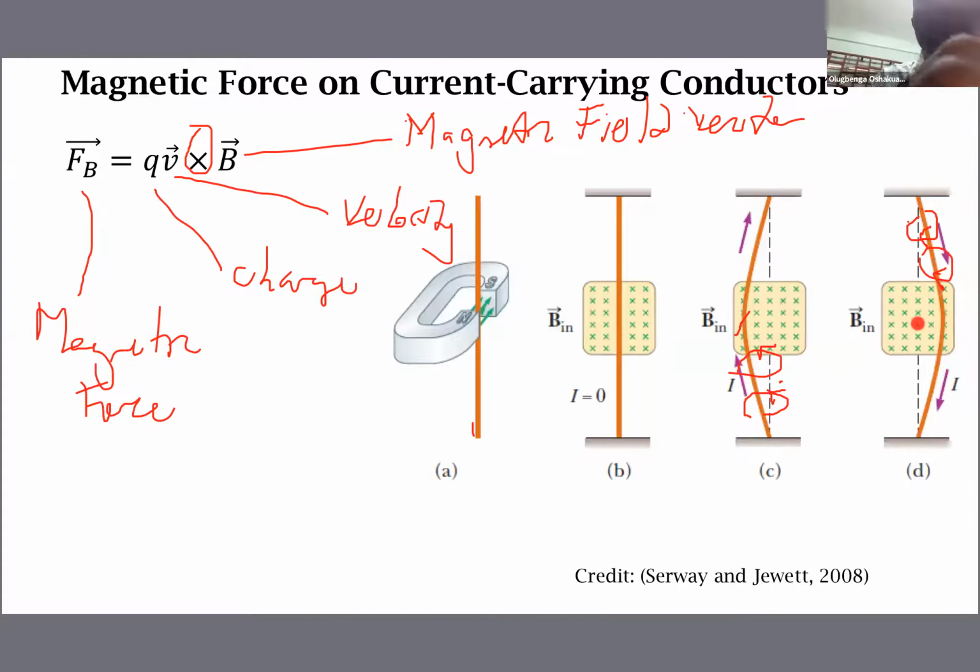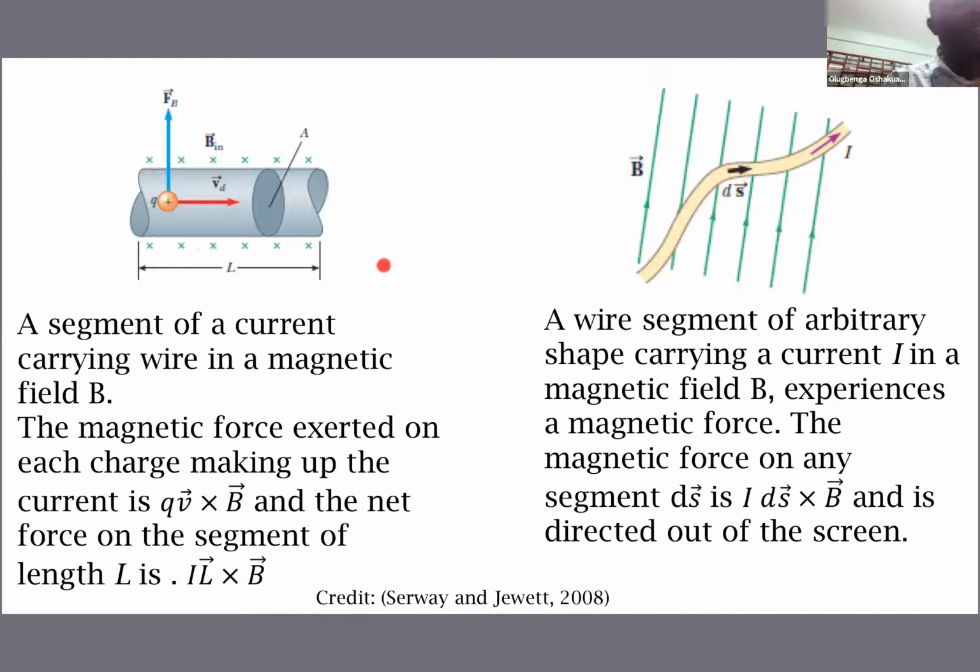So in the figure we have here, a segment of current carrying wire in the magnetic field B. The magnetic field is still in the same direction, like you are looking into your screen. That is the direction with which the external magnetic field, B in, is applied.